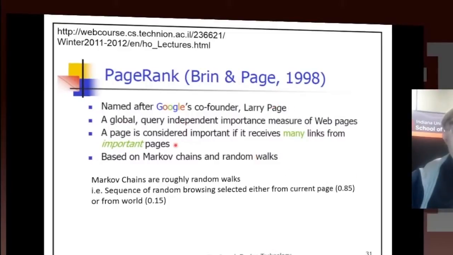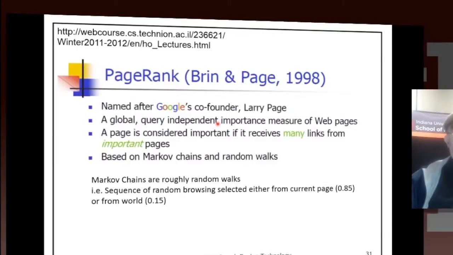And it is effectively a measure of the importance of a web page. The idea is a page is important if it receives many links. And also, a link is more important if the page it comes from is important. And it is actually relatively simple. Like many elegant, clever ideas, it's actually pretty simple. It's not difficult to calculate.